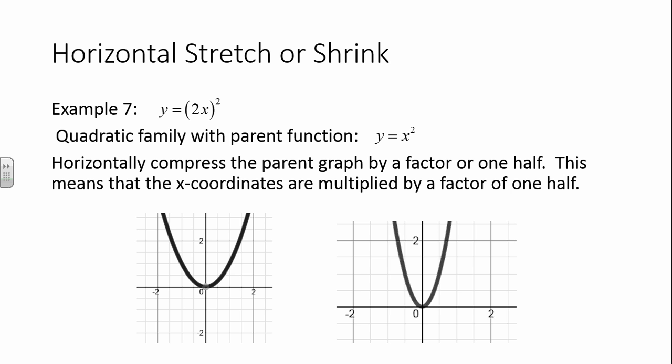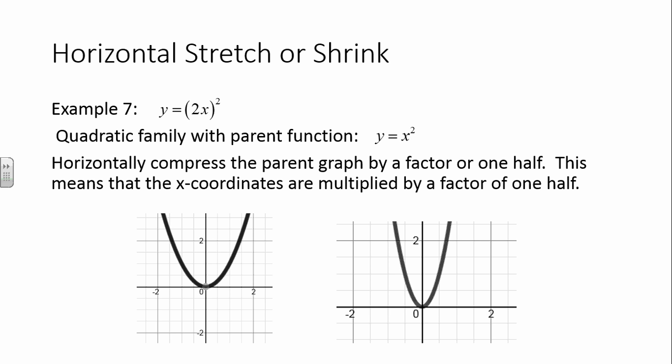But if you think of it as (2x) quantity squared, you could say this is a horizontal compression by a factor of a half. Instead of thinking of it as horizontally stretching by a factor of 2, whenever it's inside the parentheses, a horizontal effect, it's always backwards from what you're thinking. So inside the parentheses, you see a 2, it's actually going to be the reciprocal of 2, which is a half. So we're multiplying by a factor of a half, which is going to be a horizontal compression.